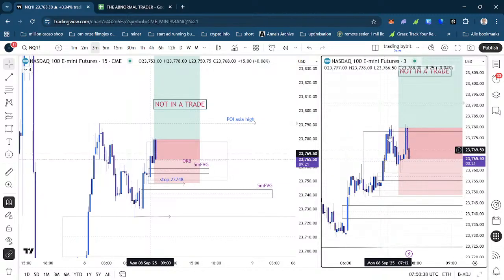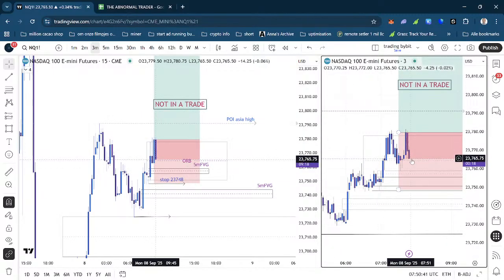Now that was a strong push back down, so I don't like that push here.